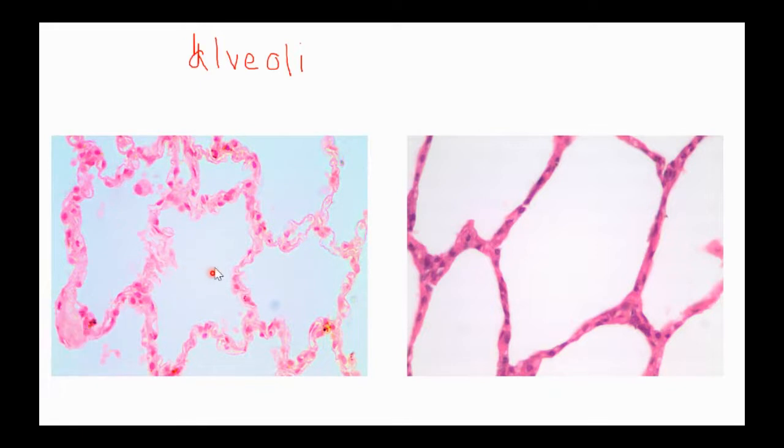So when you're looking at this tissue here, these big open spaces that you're seeing on the slide, these are actually spaces that if this tissue was alive inside of you, there would be air inside here. So one of the first ways you're going to recognize simple squamous epithelium is you are going to see these big open spaces on these slides. Those big open spaces are where there would be oxygen. Simple squamous epithelium.